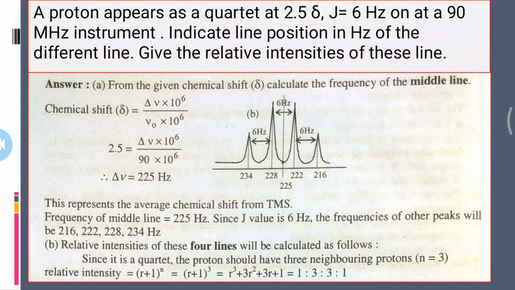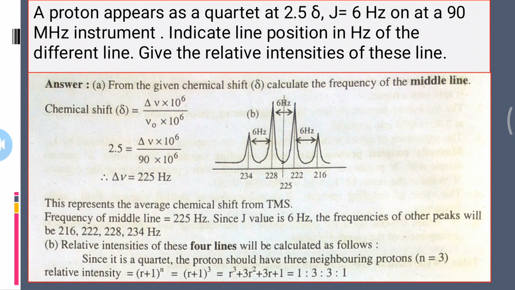Here in the given problem, the proton appears as a quartet at 2.5 delta, which is the chemical shift, and the coupling constant J is 6 Hertz at a 90 megahertz instrument. Indicate the line positions in Hertz of the different lines, and give the relative intensity of these lines.